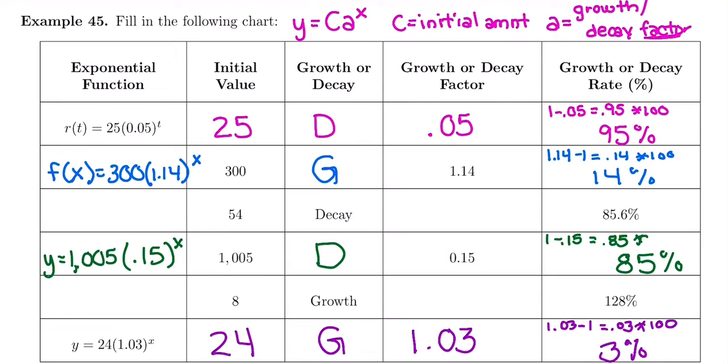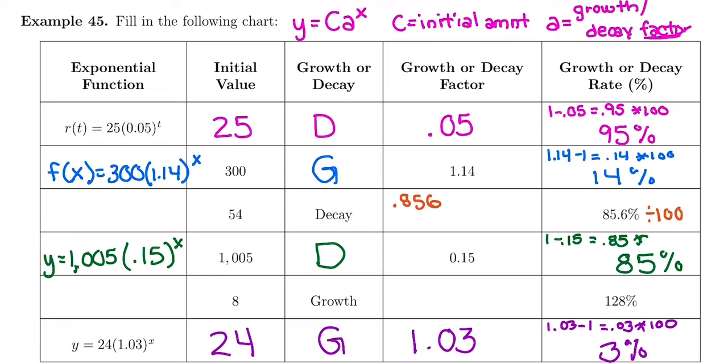Okay, now we're down to the last two that are similar. So looking at this top one, we have 54 for our initial, and then we don't know the factor yet. We know that it's an 85.6% decay though. So we want to figure out what that factor would be. So first of all, we're going to divide this by 100 to see what we get, which is going to be 0.856.